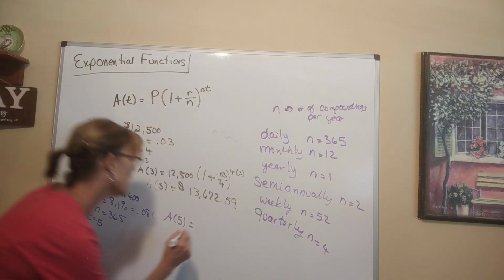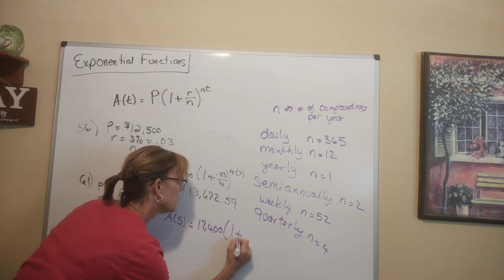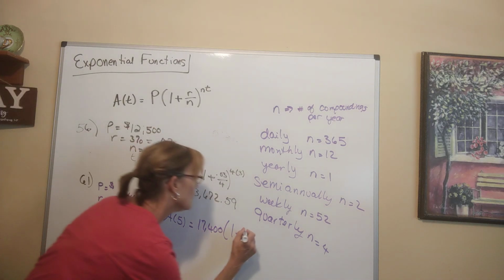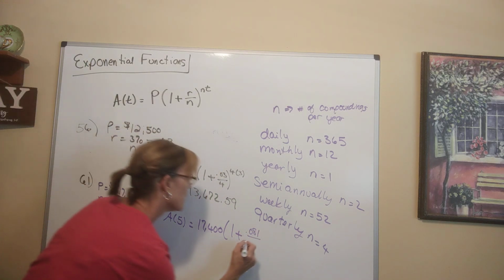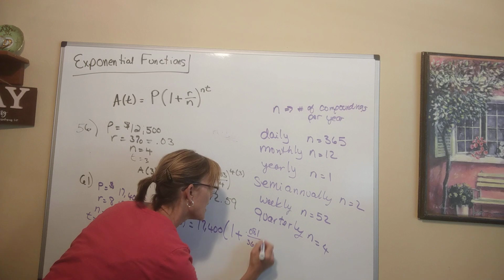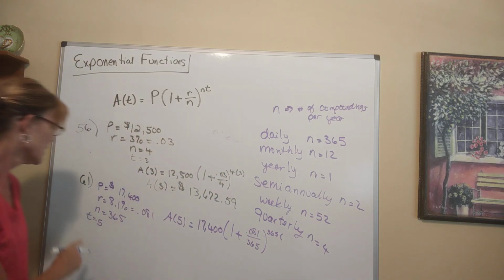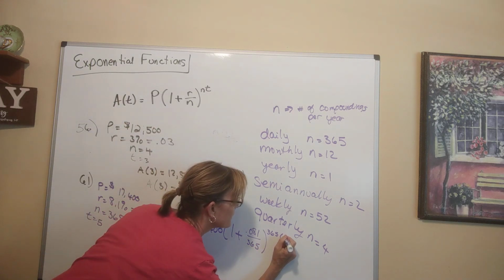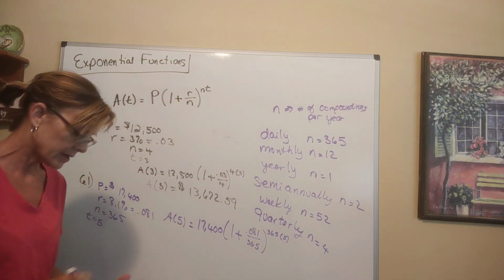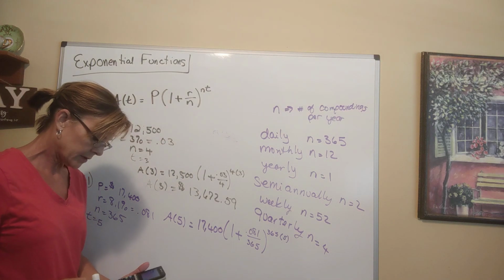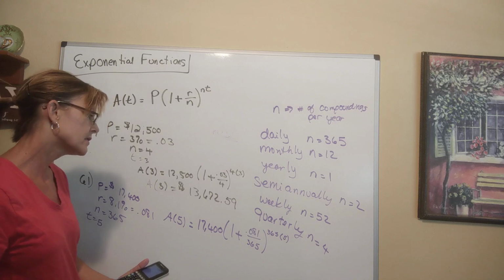Okay, it's equal to P, 17,400, times 1 plus r, 0.081, divided by n, which is 365, raised to the 365 times 5, which is the amount of time. In my calculator, I'm going to start with the order of operations. I'm going to say 0.081 divided by 365, and I hit enter.